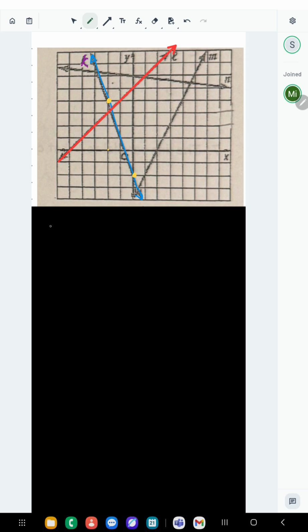Line L. No, I don't think 2, 7 is in the line L. 2, 7. Oh yeah, it is. Okay, I thought 2, negative 7. 2, 7, and then maybe 0 and 5. 0, 5. Yeah, is it 0, 5?